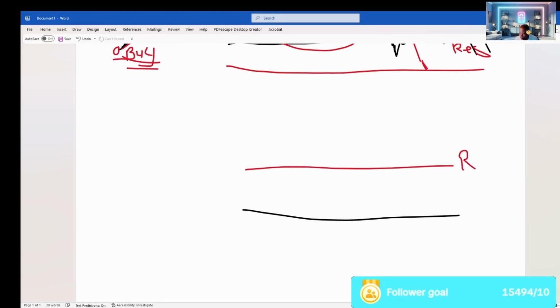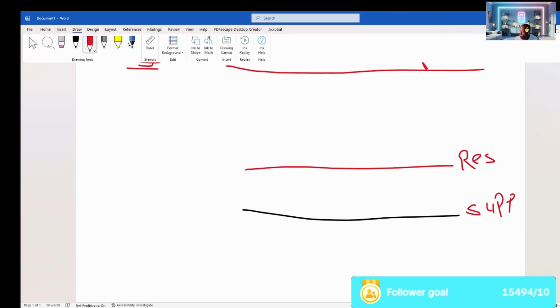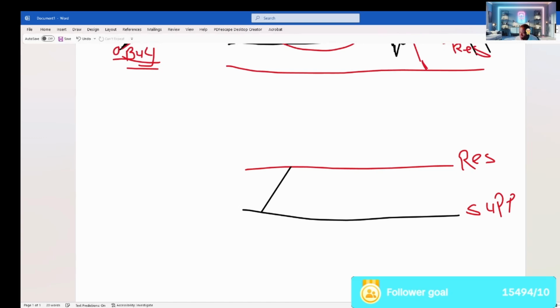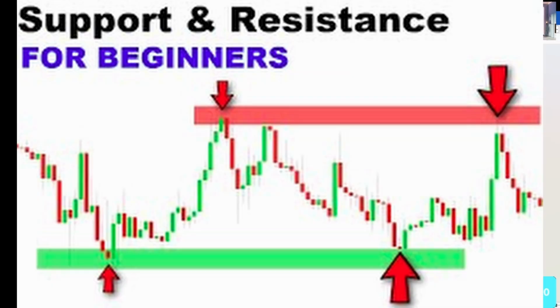R for resistance and S for support. And the stock has been doing, as I've been telling you, I'm going very slow with you. The stock is going like this, going up from support to the resistance, and it's going back again to the support.